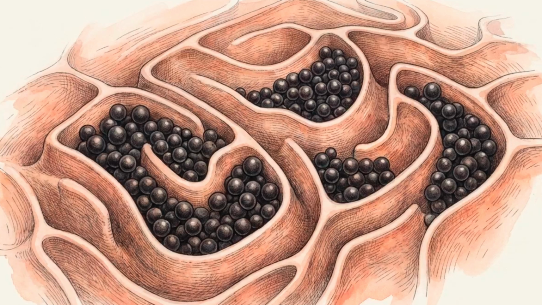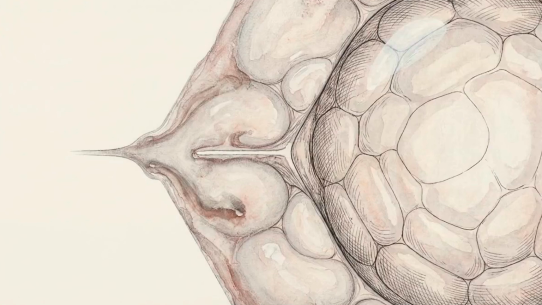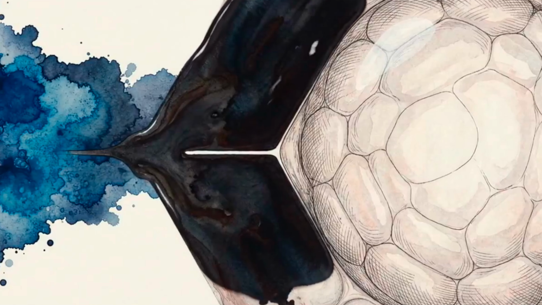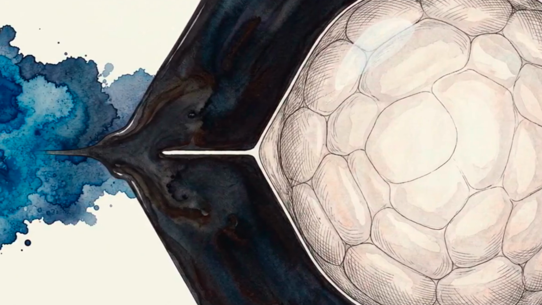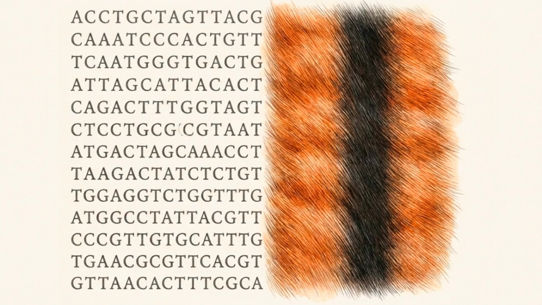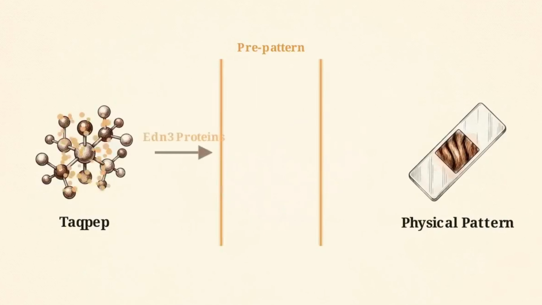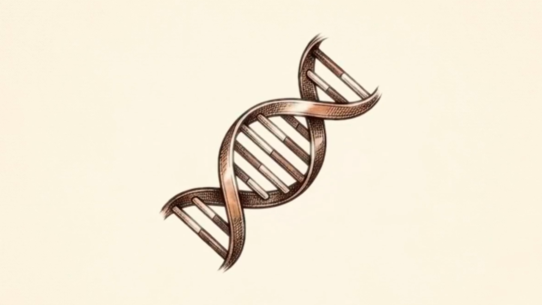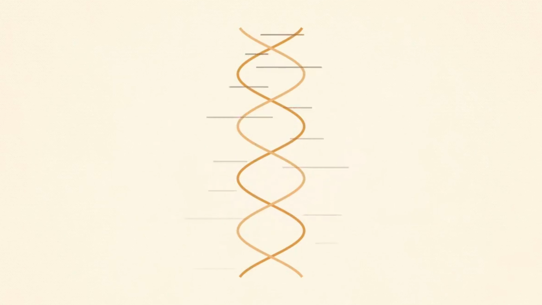Taqpep sets the borders, but a secondary protein called endothelin-3 serves as the ink, populating the dark regions defined by the pre-pattern. This 2-stage signaling mechanism ensures that dark and light pigments occupy their assigned zones, creating perfectly localized color differences. A cat's coat is the product of a 2-stage developmental mechanism that translates genetic instructions into physical patterns at the cellular level. This biological printing process is foundational to feline DNA, existing in the vast majority of domestic cats.